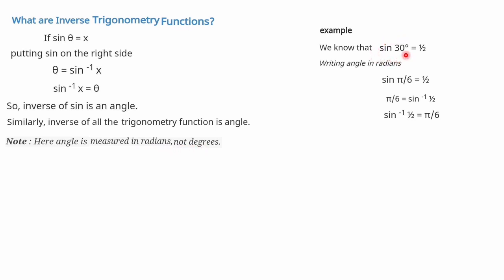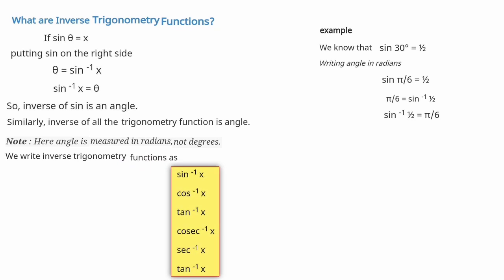Previously, when an angle was given to us in degrees, we converted into radians and then calculated. So here all angles are measured in radians, not in degrees, and we write inverse trigonometric functions like this: sine inverse x, cos inverse x, tan inverse x, cosec inverse x, sec inverse x, and cot inverse x.